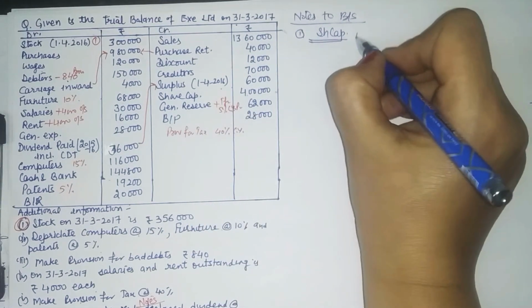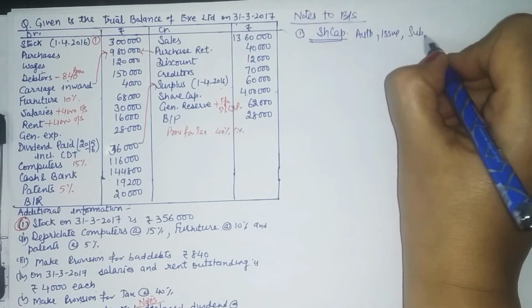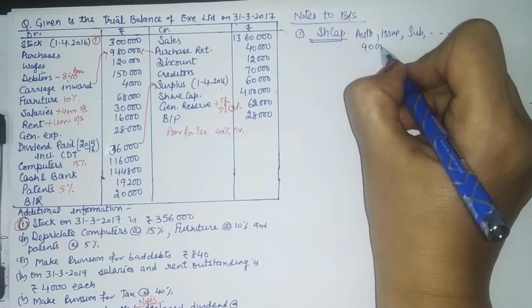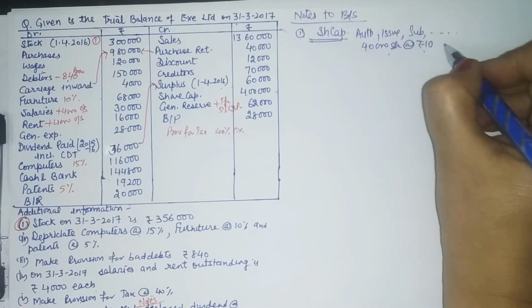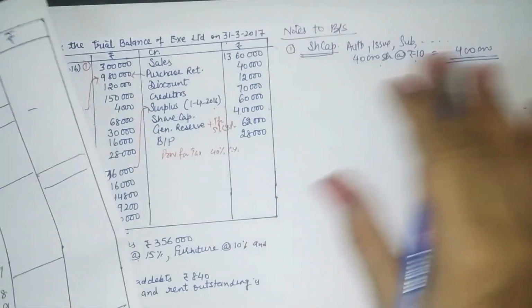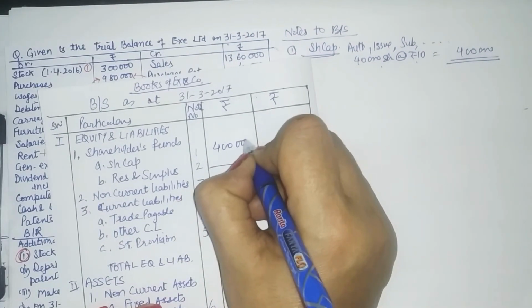Okay, so we will write authorized, issued, subscribed, called and paid capital of 40,000 shares of 10 rupees each. This is our assumption because we are not given the face value. So we could have written only 4 lakh also. It is up to us. So share capital is 4 lakh.